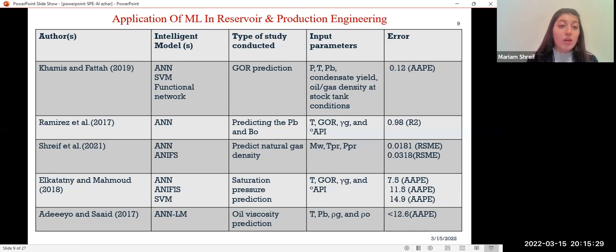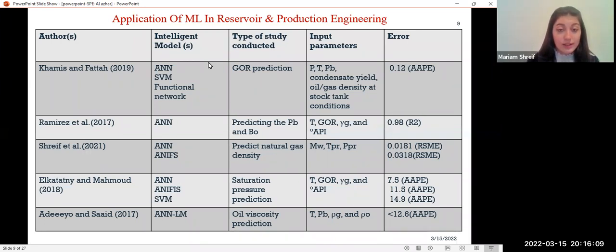For example, Khamis and Fatah utilized the artificial neural network, the support vector machine, and the functional network in order to predict the gas-oil ratio, and they used the pressure, temperature, the bubble point, the condensate yield, and the oil and gas density at stock tank conditions in order to predict the GOR. The average absolute percentage error for the model was 0.12, which indicates an acceptable accuracy for the model.